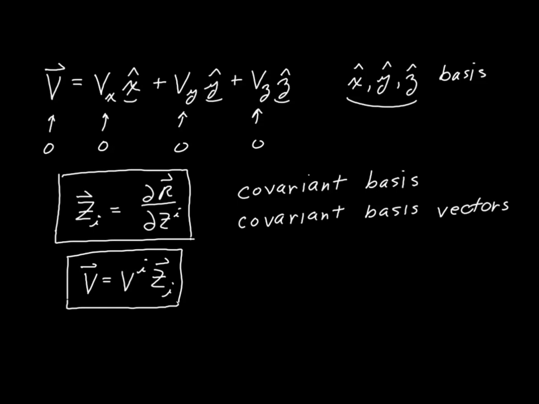Now, notice that our expression here is a general form of this. It works for Cartesian coordinates because z_i in Cartesian coordinates are just these values. So this looks like this in Cartesian coordinates, but it's also a generalized form that works in every coordinate system.